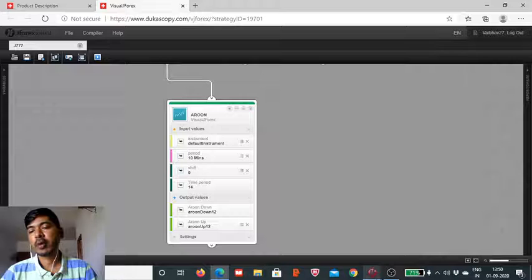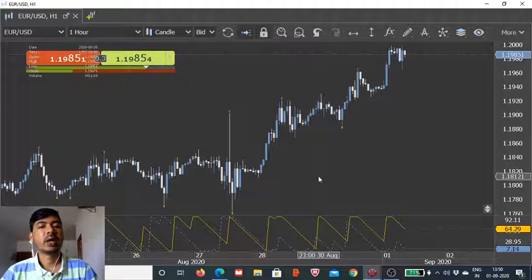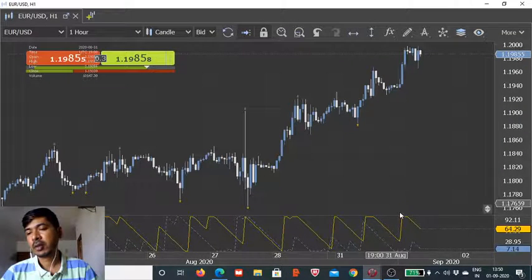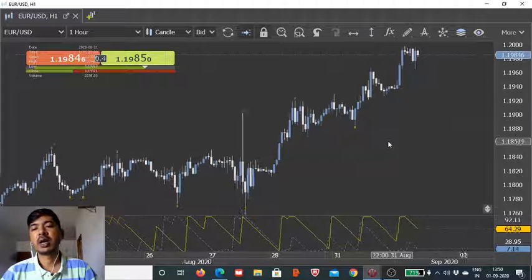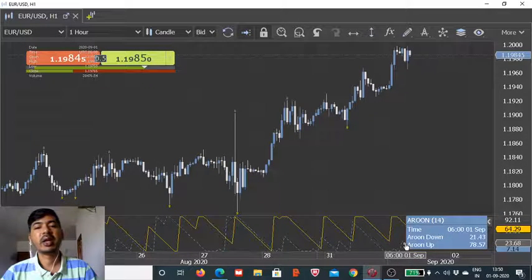We will also add this indicator on the chart. We have this indicator plotted on the default time period of 14, and this is an hourly chart. So we have the AROON indicator plotted for the last 14 hours of data.